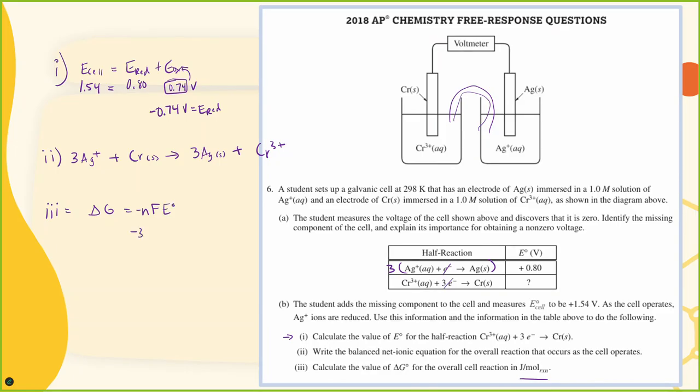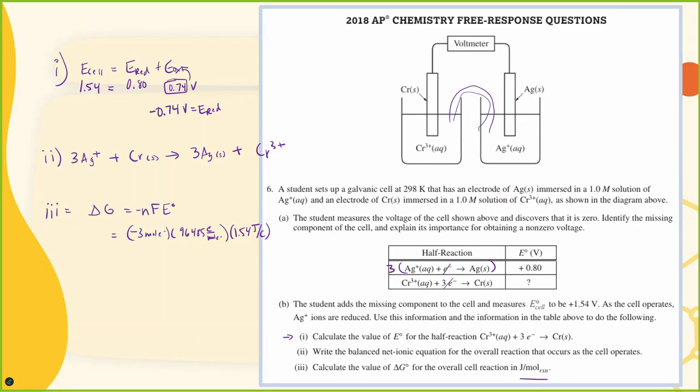So negative 3 for the moles of electrons times Faraday's constant, 96,485 coulombs per mole of electrons. And then the E cell voltage, 1.54, and that's joules per coulomb.